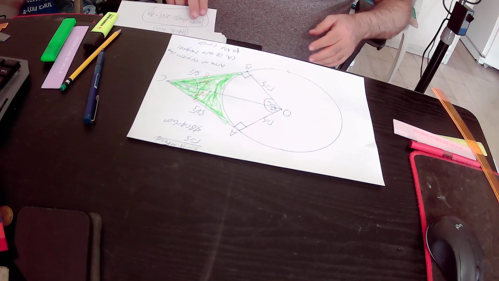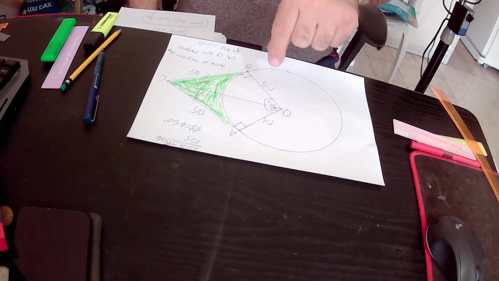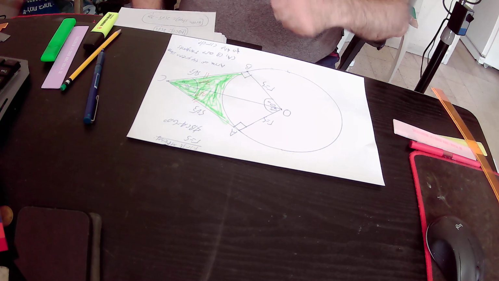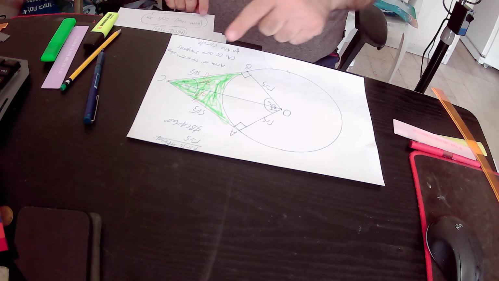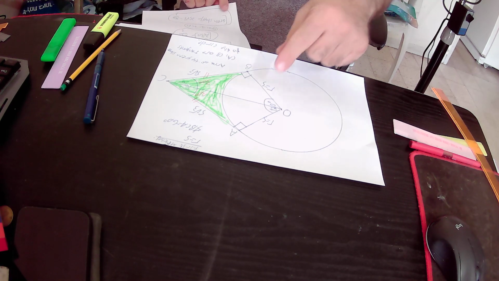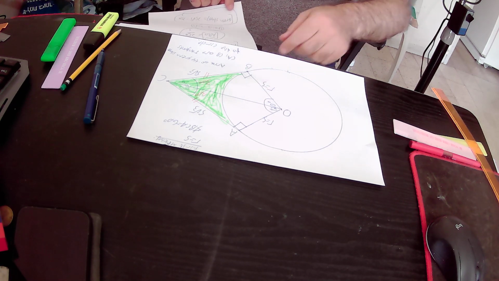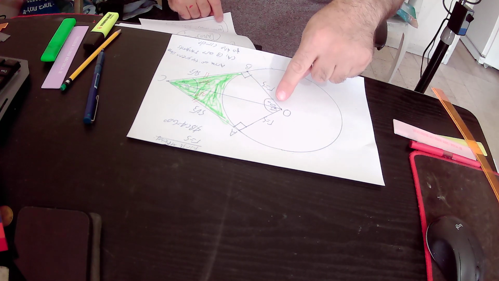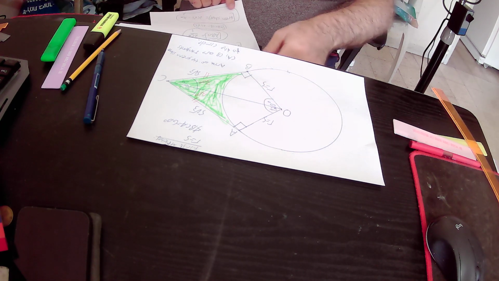And we know that the area of quadrilateral ABCO minus the area of sector ABO equals the area of the green shape. So what is the area of sector ABO? The area of sector ABO equals pi r squared times 120 degrees over 360 degrees.